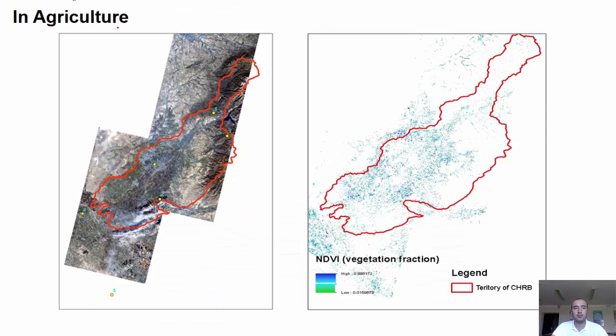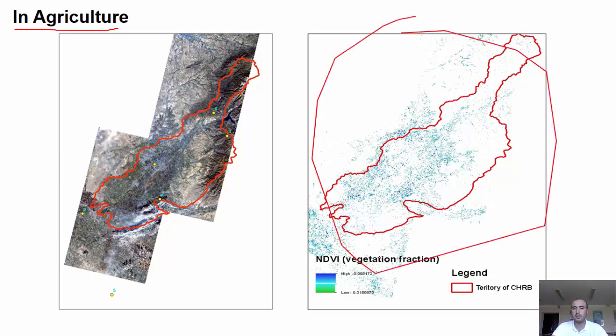GIS technology is also used for different kinds of purposes. For example, we can use it for agriculture, and in these two maps we can see images from satellite, and on the right side of the slide is the vegetation fraction, and GIS gives us the opportunity to analyze the vegetation cycle.